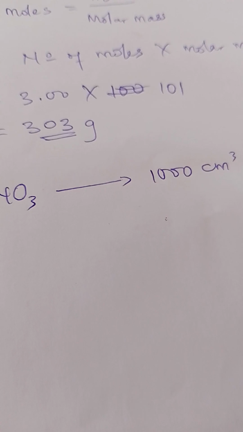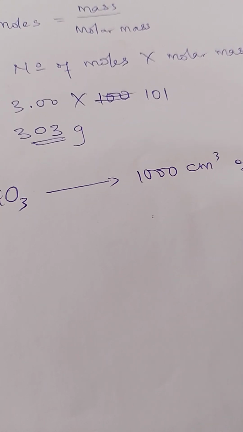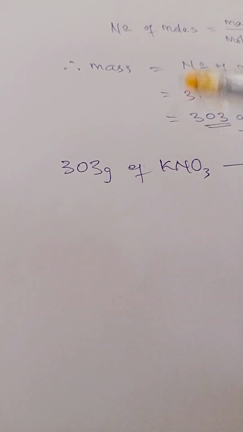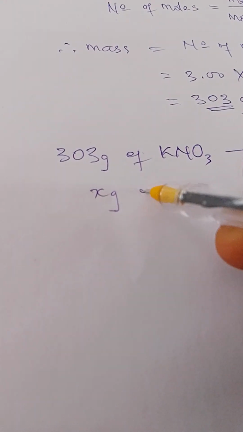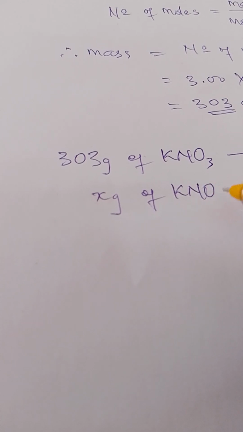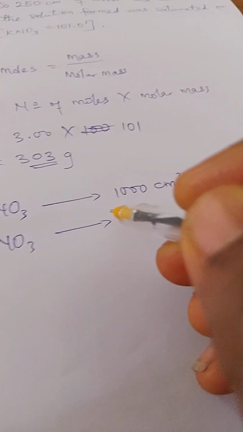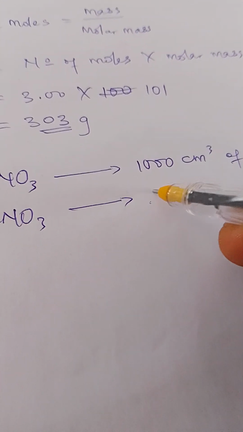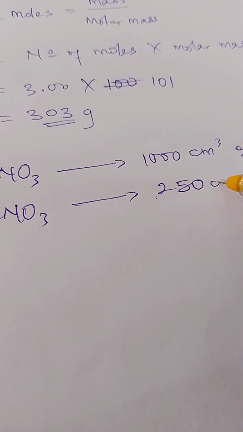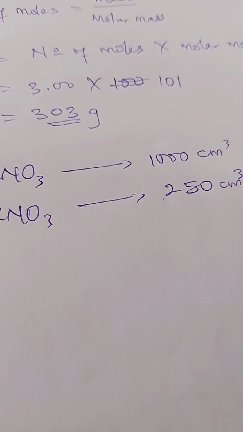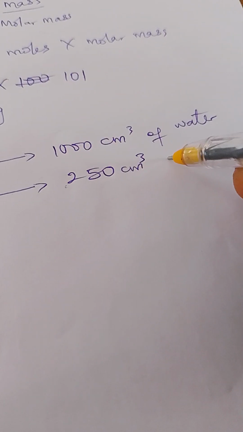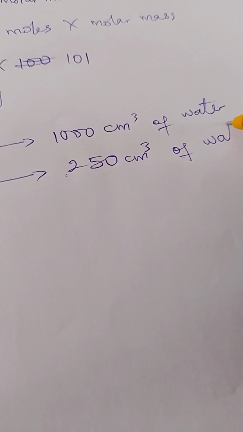Or you can say water, as it was given water. So now, what mass of this KNO3 will dissolve in 250 cm cube is whatever you obtain here, which you then compare to what was used to know if your solution was saturated or not. This is just a simple way of solving it.